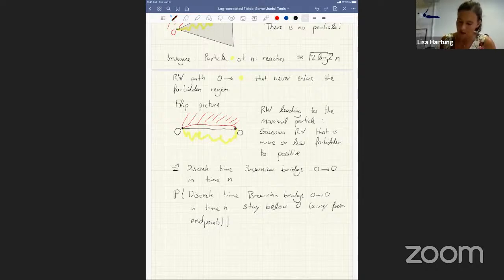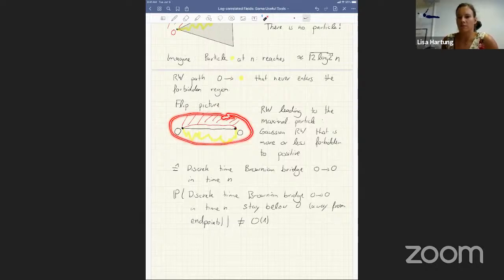So this is not something that is of order 1, because typically, if I look at a Brownian bridge, essentially, it's a Brownian bridge. You want to fluctuate, and it has variance n. You want to fluctuate like square root of n, right? So typically this object would like to fluctuate like square root of n. And if I'm asking it to, so usually I would be doing something like this, where things should be of order square root of n, but now I'm forbidding it.